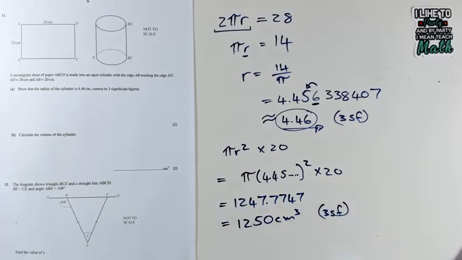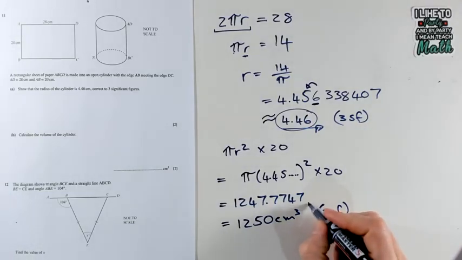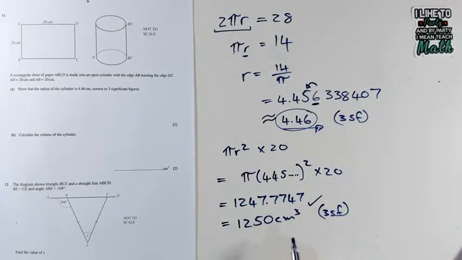But let's check what they said on the memo. Yeah, they're happy with this number because it's 3 significant figures. But if you give more, it's going to be fine. So if you do something like this as your answer, it's also going to be fine. But 3 significant figures are always good, and they'll give a range of different ones.